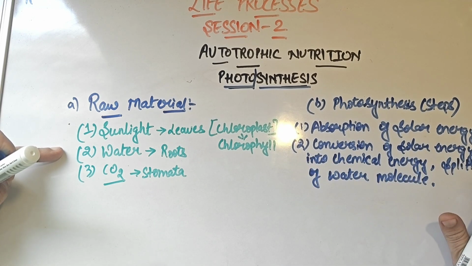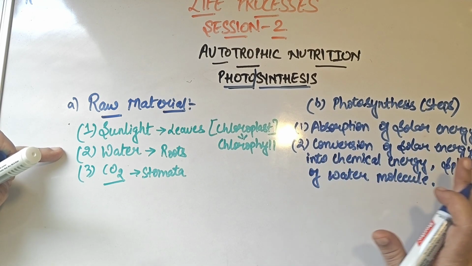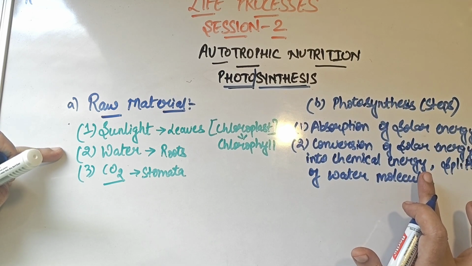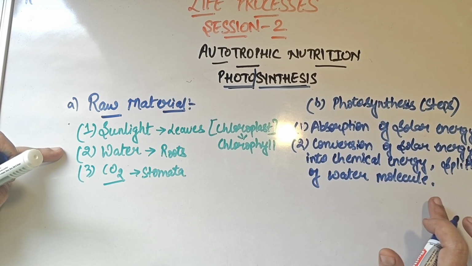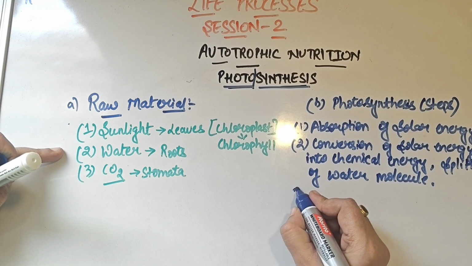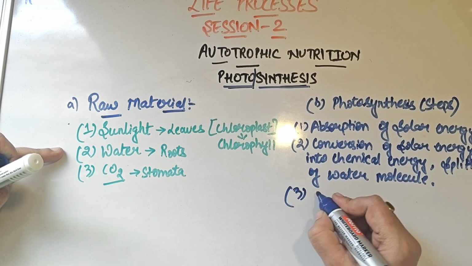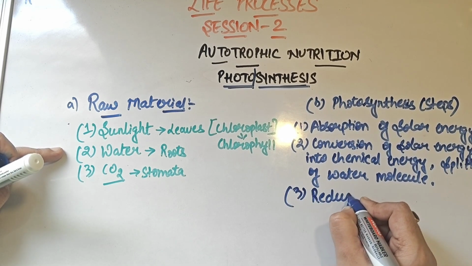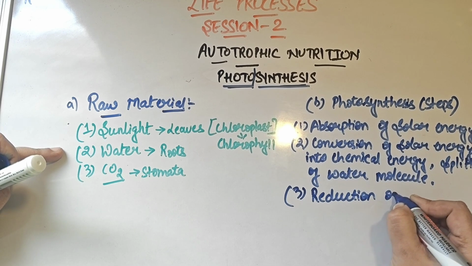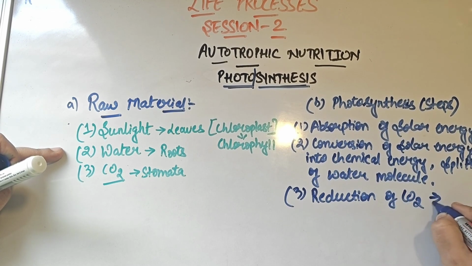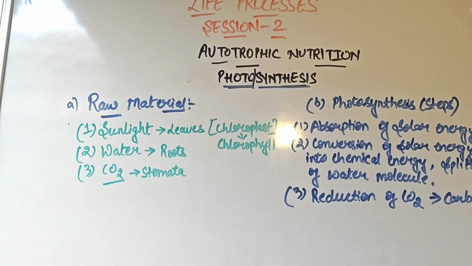So absorption of light energy is the first step, then conversion of this light energy into chemical energy, which is followed by splitting of the water molecule, and the third very important step, reduction of CO2 into carbohydrates. Correct?